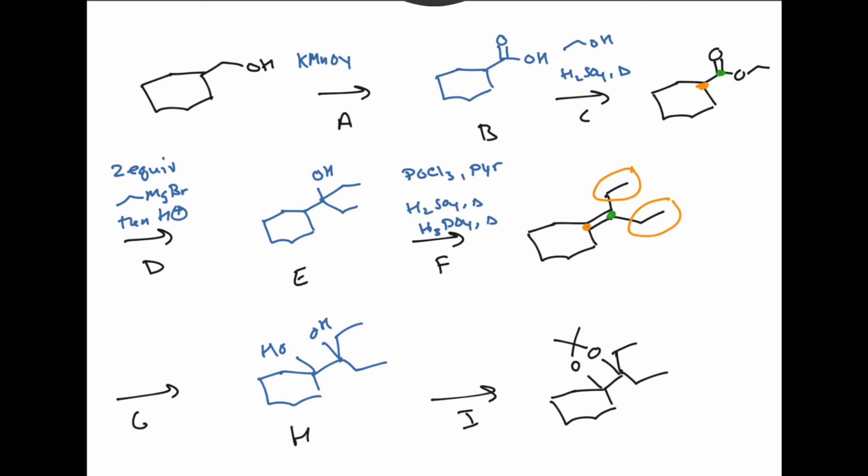How can I turn a double bond into a diol? You could use cold dilute KMnO4, or you could use osmium tetroxide and hydrogen peroxide.